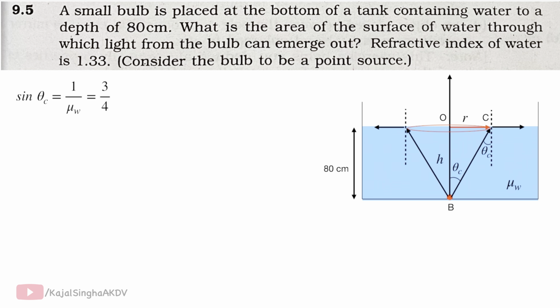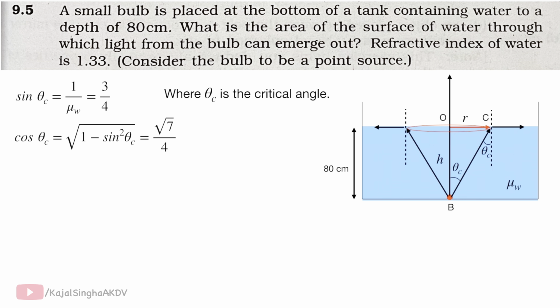So we get sine theta c equals 1 by mu w equals 3 by 4, where theta c is the critical angle. Or cos theta c equals root over 1 minus sine square theta c, and after calculating we get root 7 by 4. Or dividing first equation by second equation, we get tan theta c equals 3 by root 7.